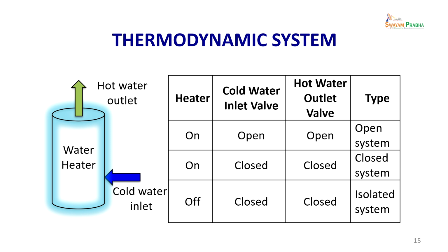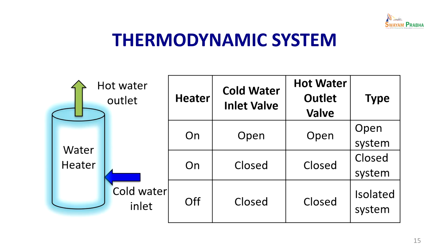There is no further water supplied to the heater through the inlet valve from the overhead tank, and I am not taking the hot water out either. So, both the valves are closed. There is only energy transfer, there is no mass transfer. Whatever water is stored in the heater will be heated until the heater is switched off. So, it becomes a closed system in this case.